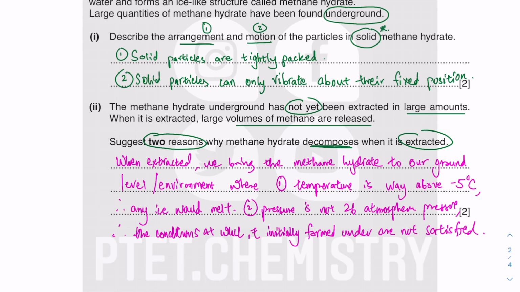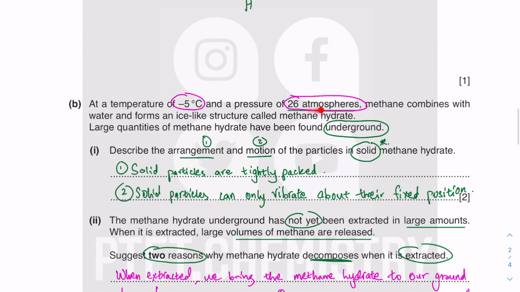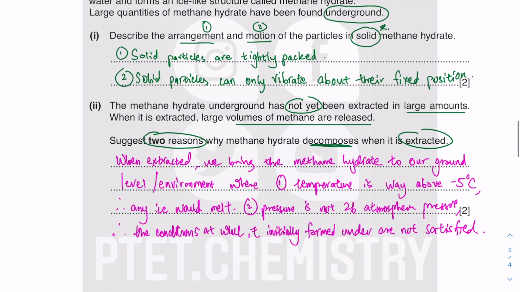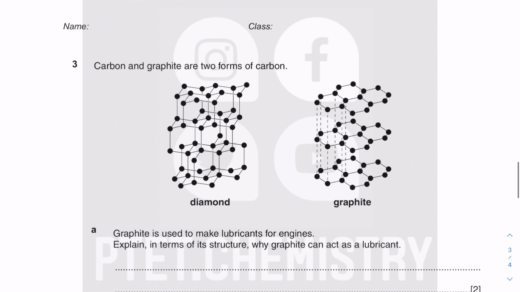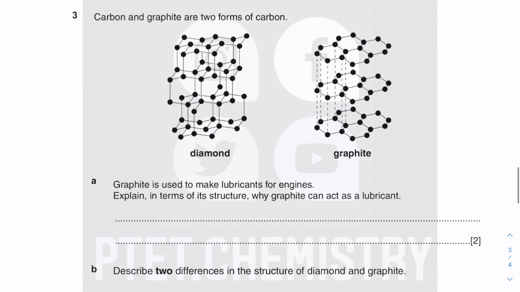Okay, but the idea really goes back to what are the conditions at which it exists in, and when we extract it, we're bringing it to our ground level and no longer underground, where of course these two are no longer the same. It's a suggest question, it's a little bit of thinking, as well as it requires a little bit of reading through the questions, and that is how O-level questions are like, and that is how the A-level questions will be like when you move on to A-levels, and therefore you will not be moving to A-levels until you can master how to address O-level questions very well.